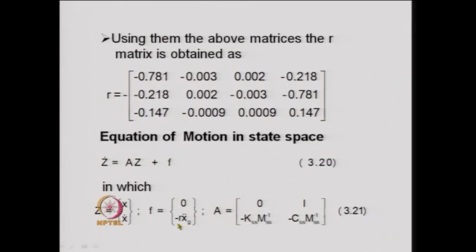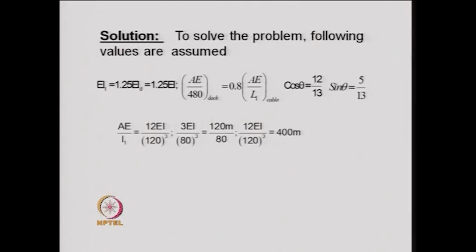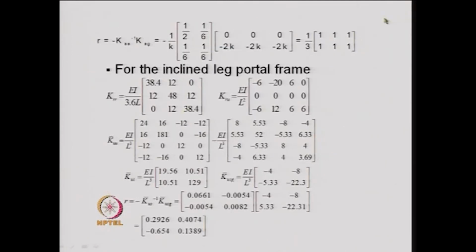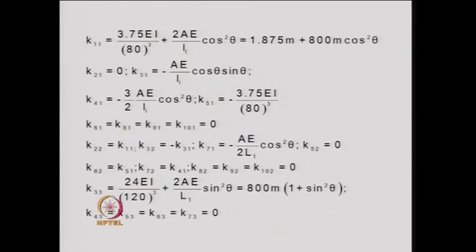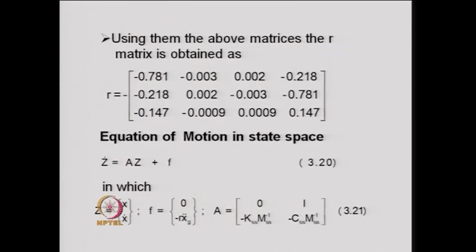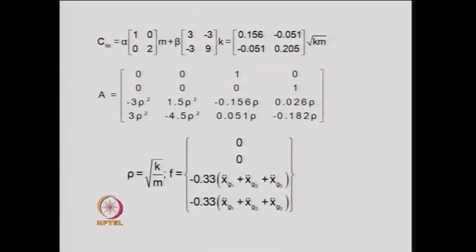So, r for this problem we obtained as 1/3, that is 0.33333. Using this value of r, one can obtain the value of f, that is minus 0.33 into x double dot g1 plus x double dot g2 plus x double dot g3.